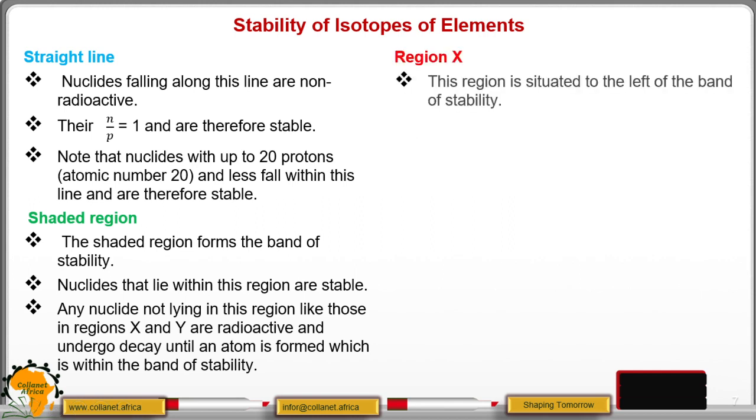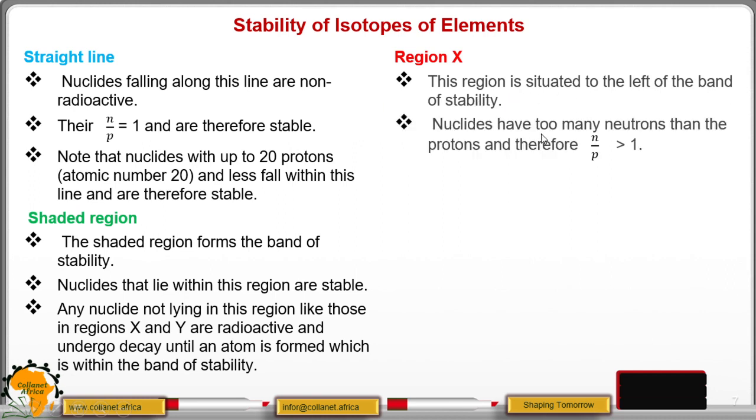So in region X, that is situated to the left of our band, that is the upper part, the neutrons are too many compared to the protons, and therefore the ratio of neutron to proton is greater than 1. Therefore, that region contains unstable nuclides, and those unstable nuclides have to undergo what we call radioactive decay until they acquire stability.